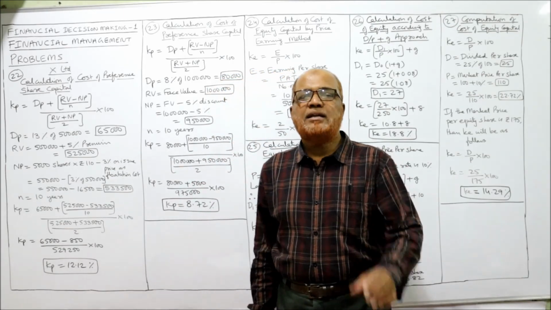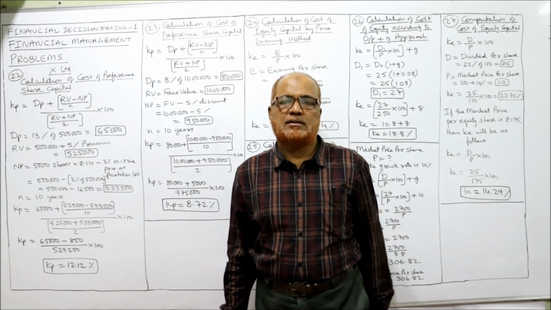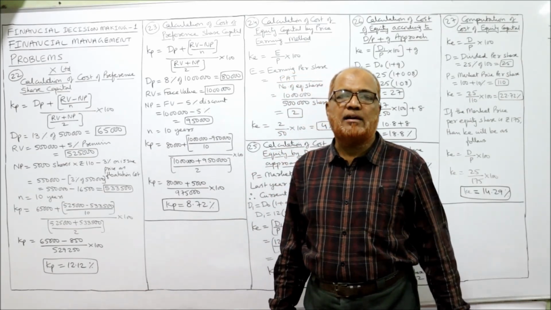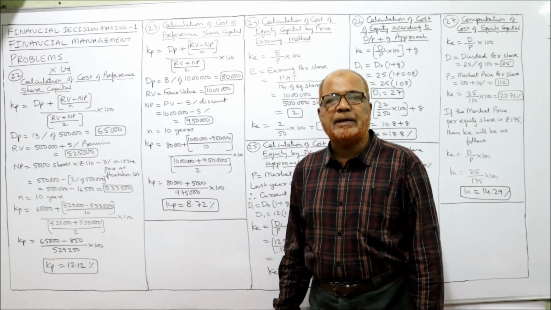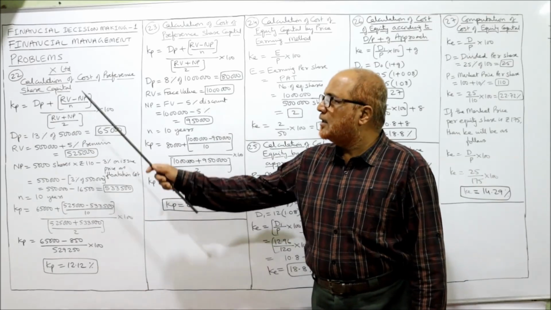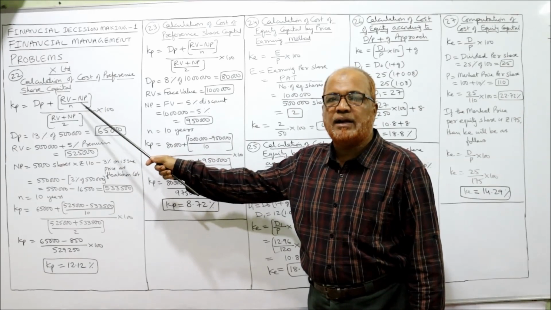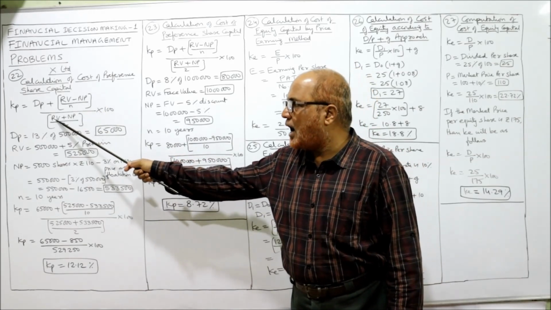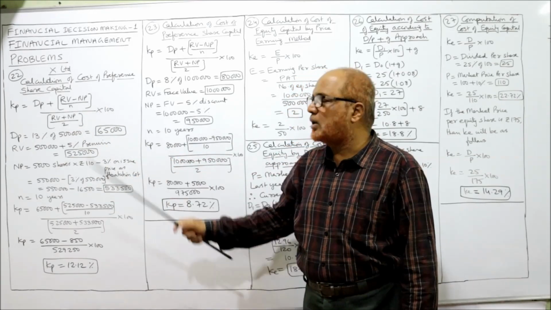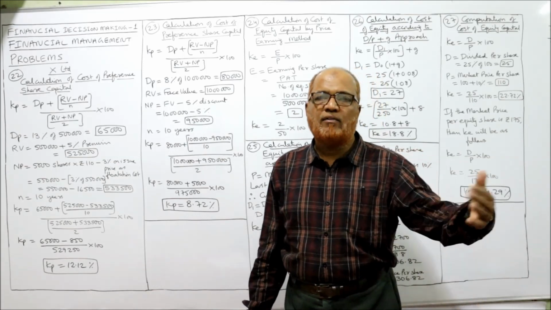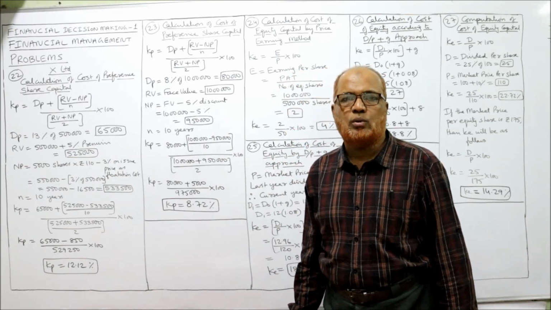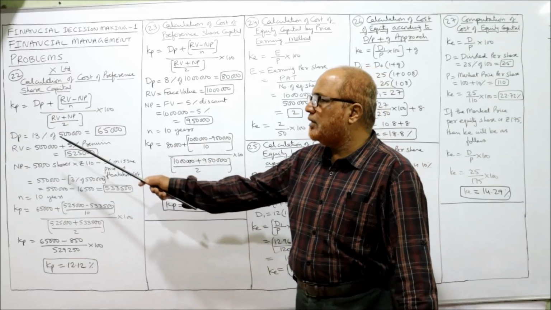First of all, it is a redeemable instrument. When it is redeemable, the formula for KP is (DP plus (RV minus NP) divided by N) divided by ((RV plus NP) divided by 2) into 100. This is the formula we have already applied in the previous problems also, right? Now, one by one we'll calculate.